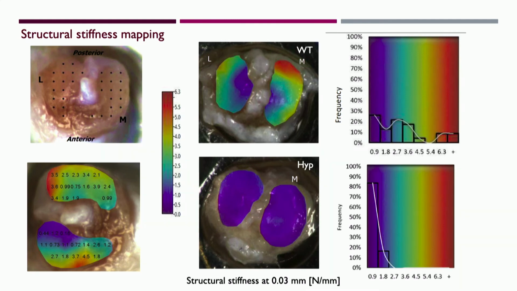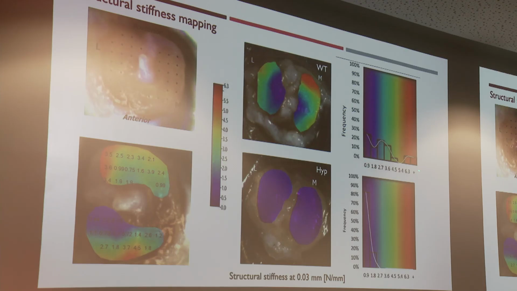And we see here that we can have a kind of a heat map of the articular surface, which is never uniform. This is what a typical tibial surface might look like. And then we have a heat map of the stiffness that ranges from low stiffness to high stiffness. And what we see very strikingly here is that the Hyp mouse cartilage is not stiff. It loses its physiological capacity to be the stiff tissue to resist compressive forces.